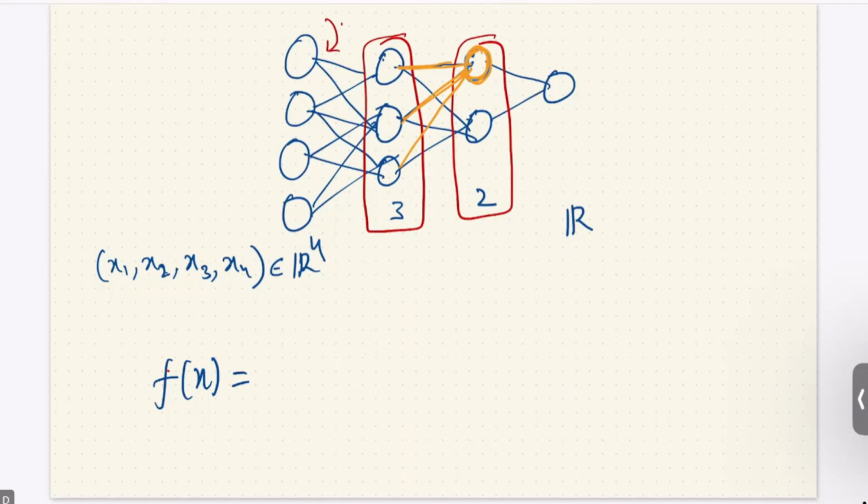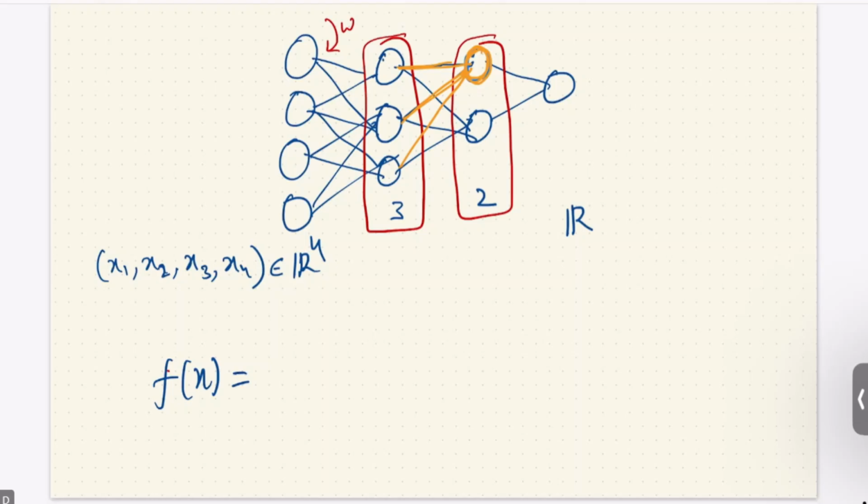kind of weights sitting here. How many weights are sitting between the input layer and the first hidden layer? That is again the number of inputs going in and the number of hidden nodes sitting there. So all possible combinations, that would be 3 times 4.